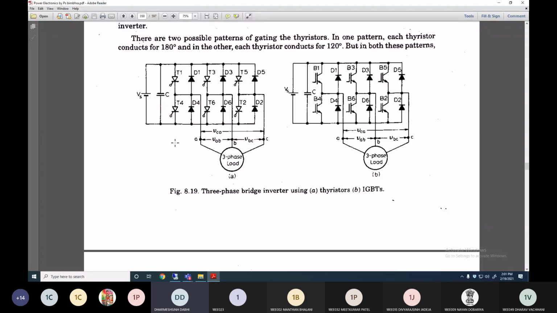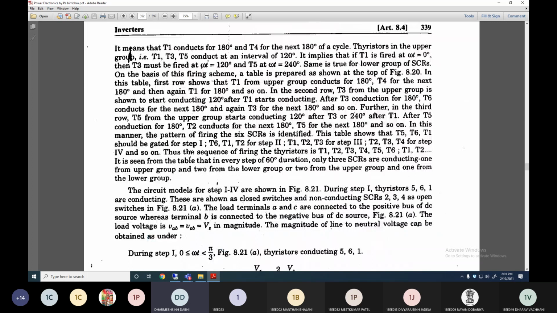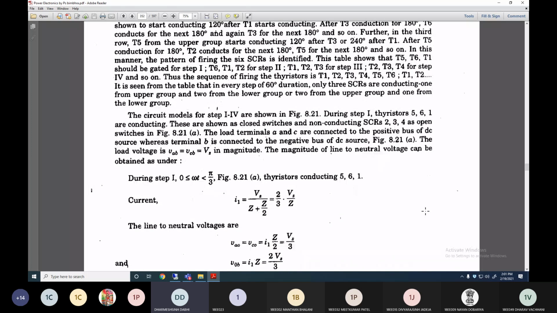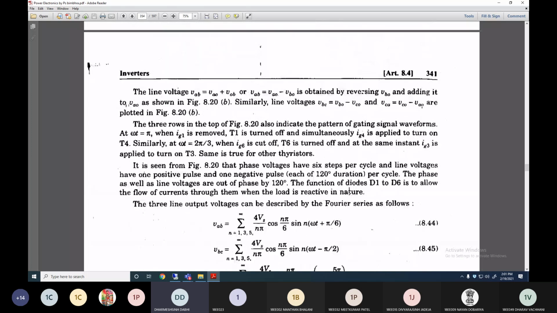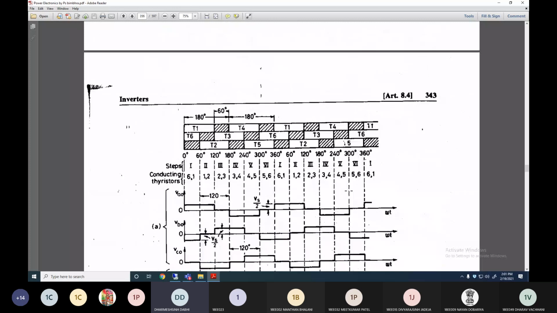Clear? So there must be sufficient commutation time provided to the outgoing thyristor so that there are fewer chances of short circuit of your supply. Clear? So that is possible by using the 120 degree mode, because you can see that in 120 degree mode you provide a sufficient duration of 60 degree interval between the outgoing thyristor and the incoming thyristor.